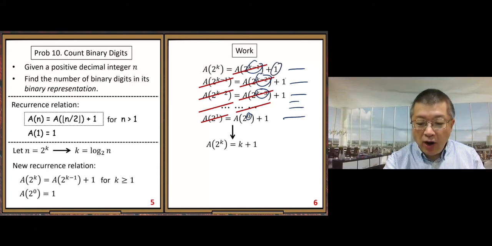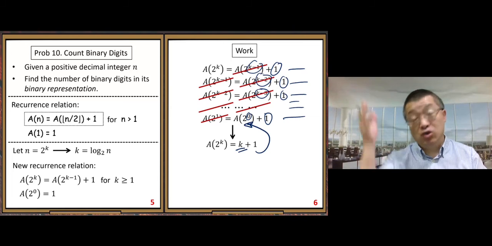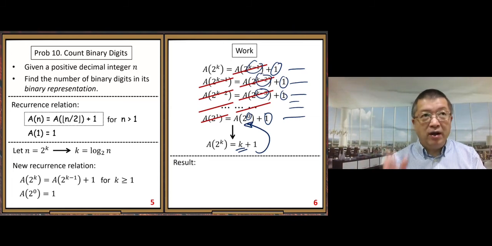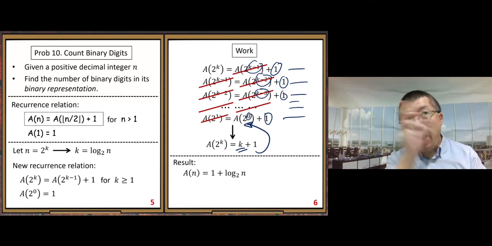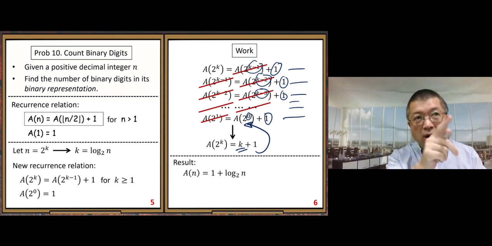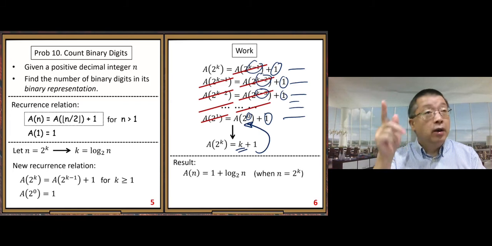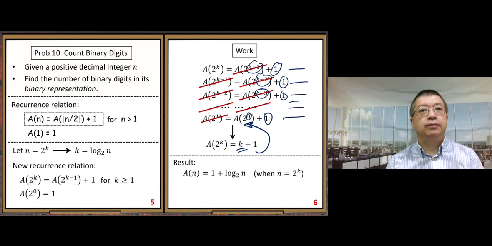Each line you have 1, so k lines give you k. And this 1 corresponds to a of 1, so you have k plus 1. We can write the final result. A of n equals 1 plus log base 2 of n, with condition n equals 2 to the kth power.